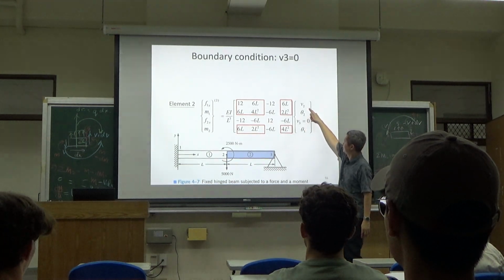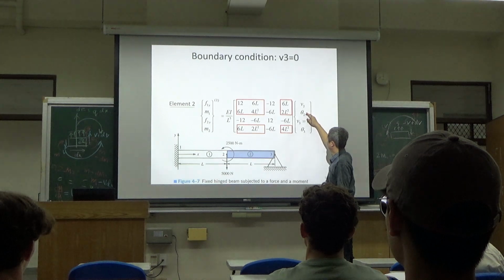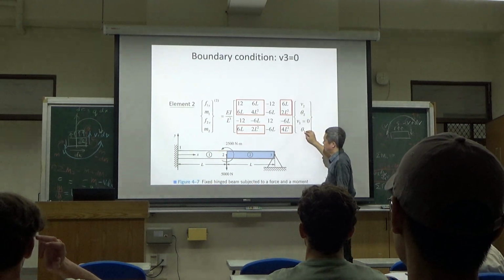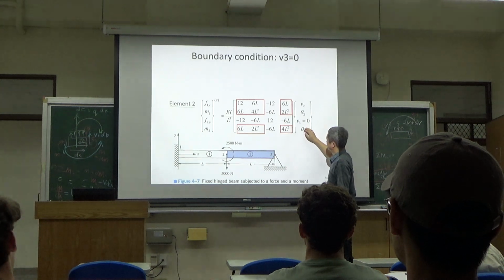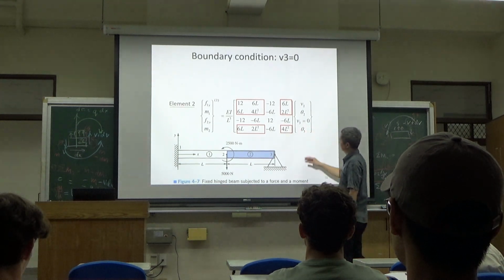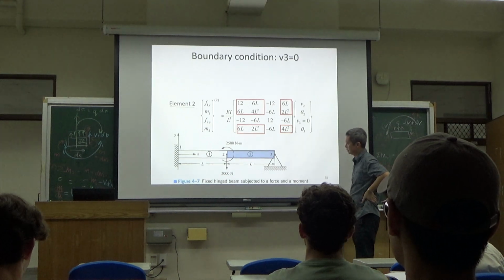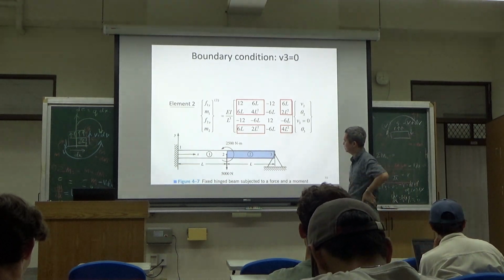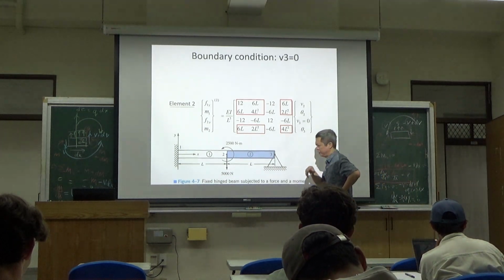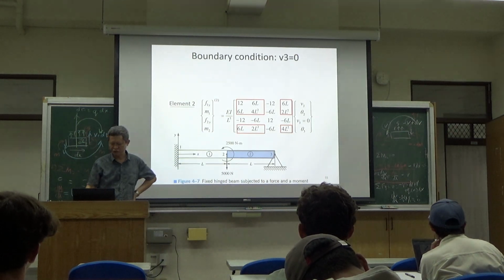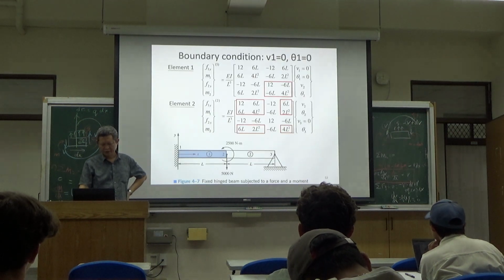So that's why you have the first row, second row, and the fourth row of equations all having non-zero displacement and the corresponding variable. So in that way, you got the 3 by 3.